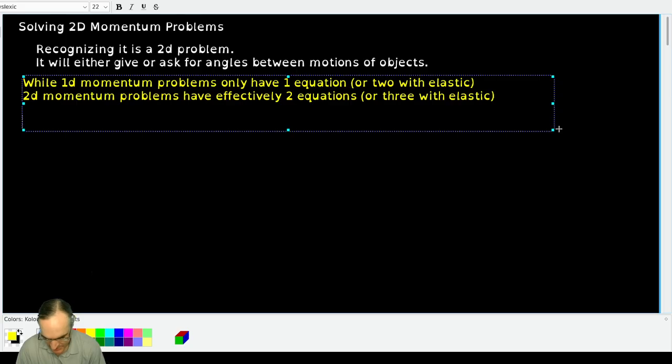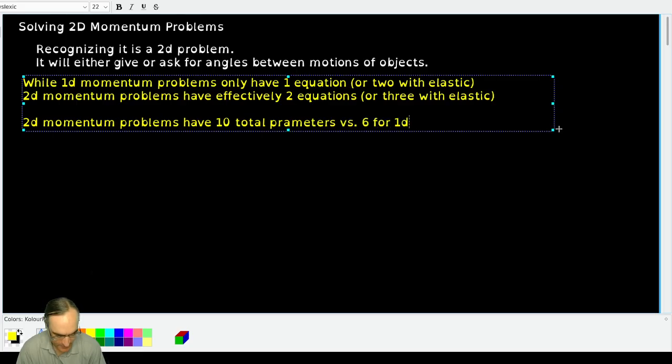On the other hand, 2D momentum problems have 10 total parameters versus 6 for 1D momentum problems. So they get quite a bit more complex in terms of the things you might need to know.